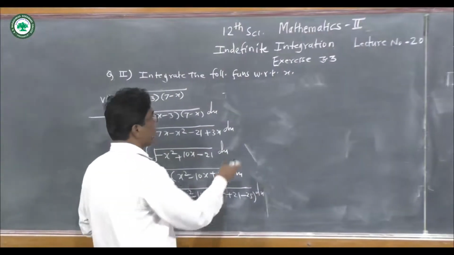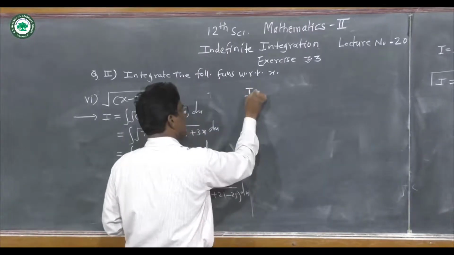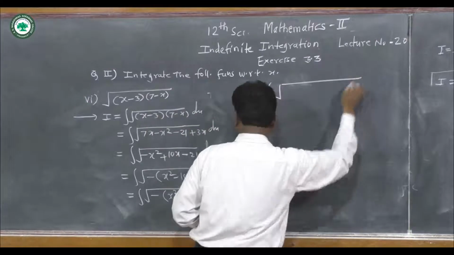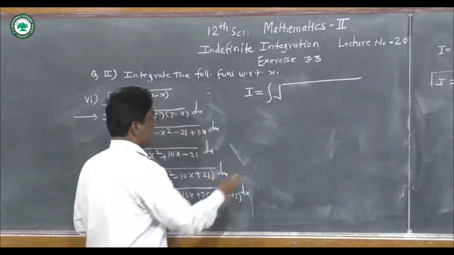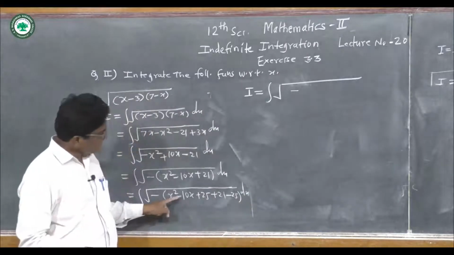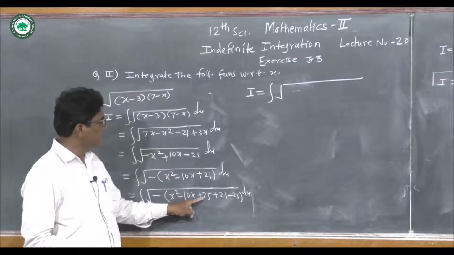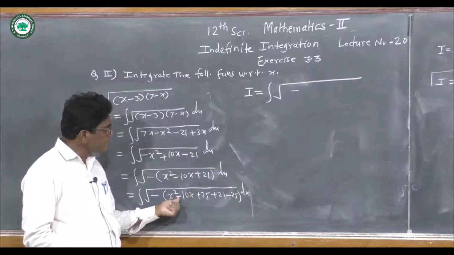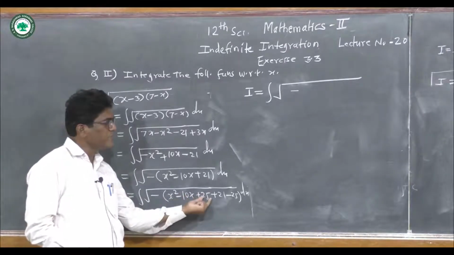So the required integral I becomes I is equal to the integration of under root of, now this minus as it is, minus these three terms, that is x square minus 10x plus 25. It is the complete square of x, the middle sign is minus, and the square root of 25 is 5.